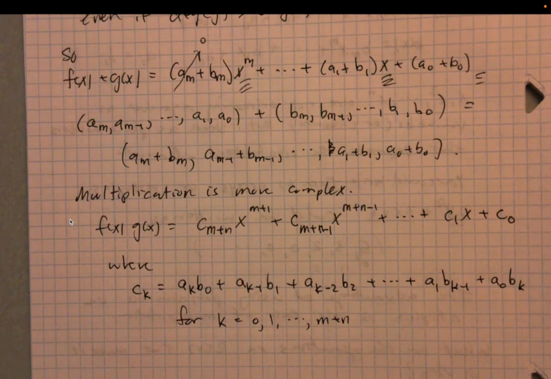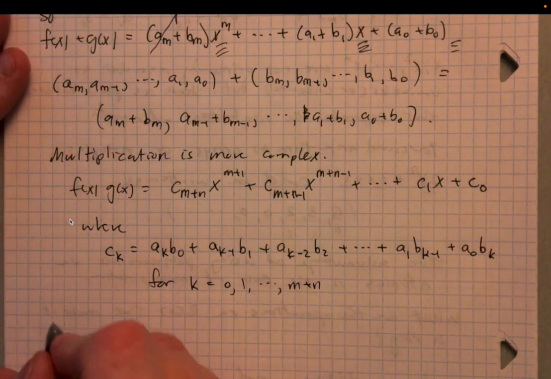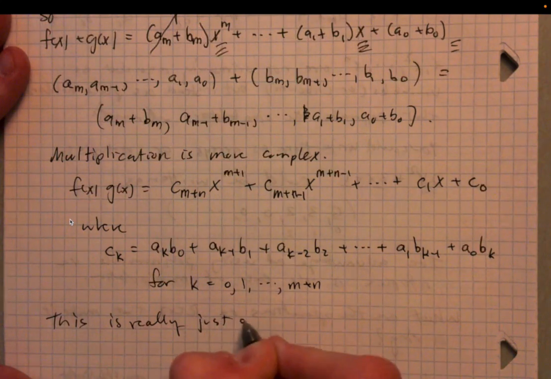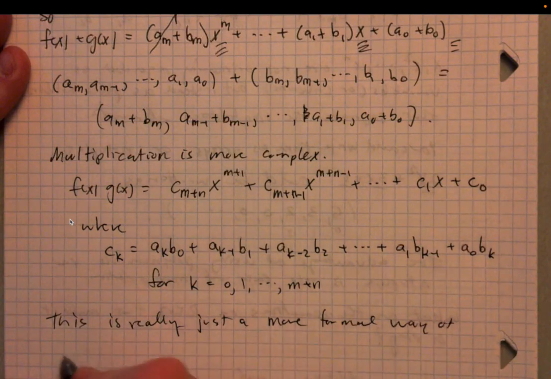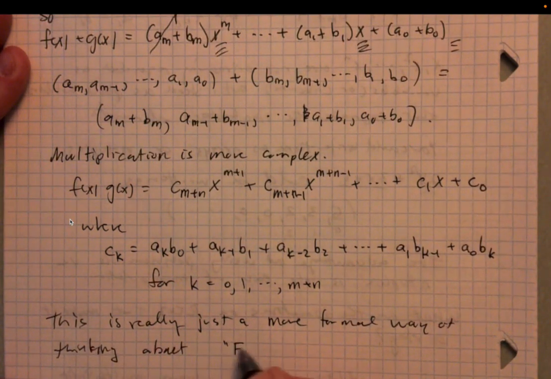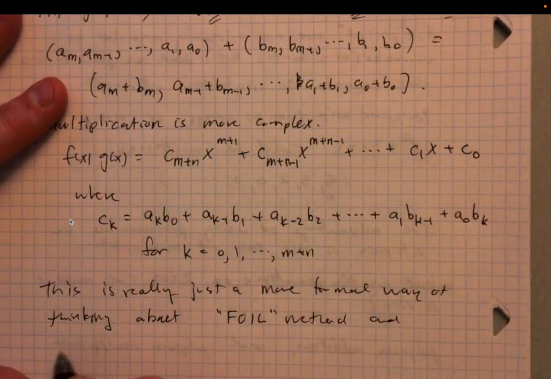I know this may seem kind of foreign, but this is really just the familiar process of using FOIL and distribution of polynomials. So this is really just a more formal way of thinking about the good old FOIL method and distribution.